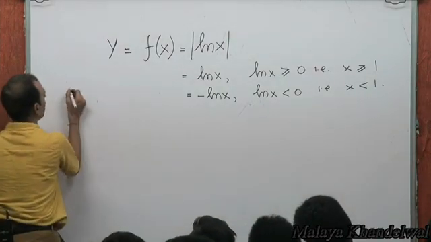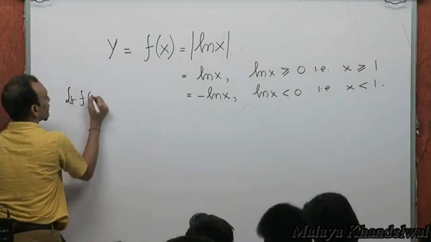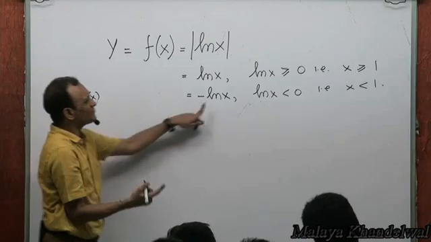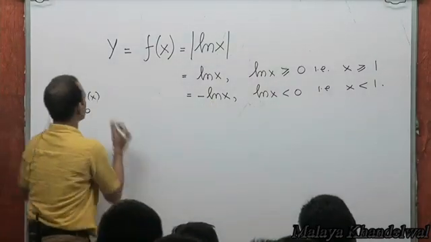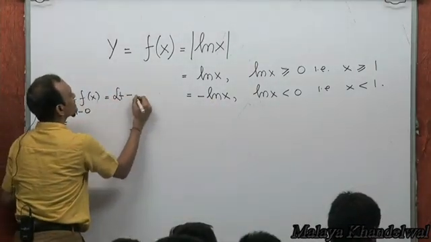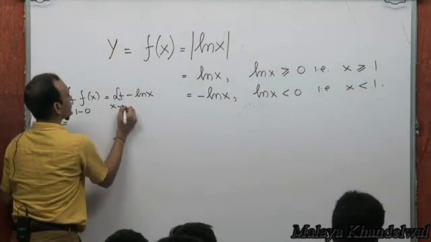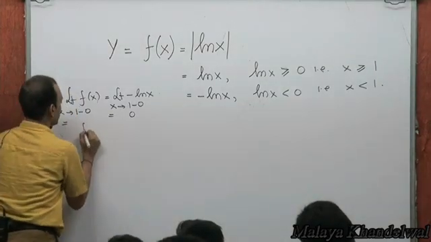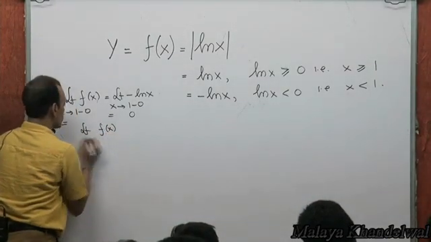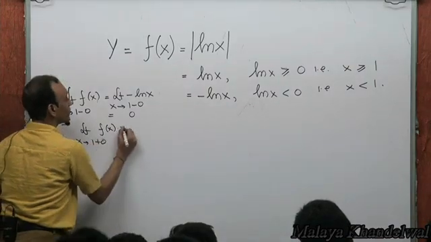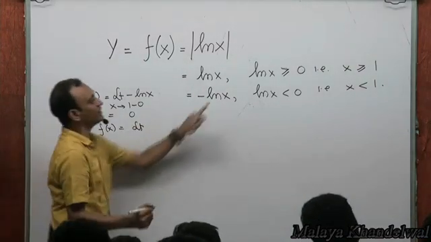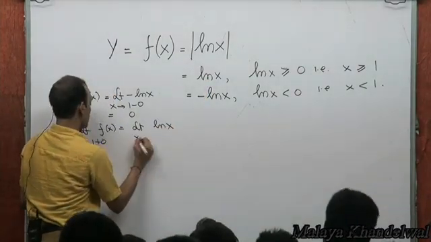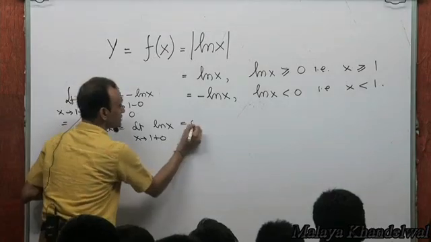So first of all, continuity. Limit fx, x tends to 1 from the less than 1 side. When x is less than 1, it's described as minus ln x. So this is limit minus ln x as x tends to 1 from the less than 1 side. That's 0. Left hand limit is 0. Whereas limit fx, x tends to 1 from the greater than 1 side: when x is greater than 1, it's described as plus ln x, and as x tends to 1 from the greater than 1 side, that's 0.